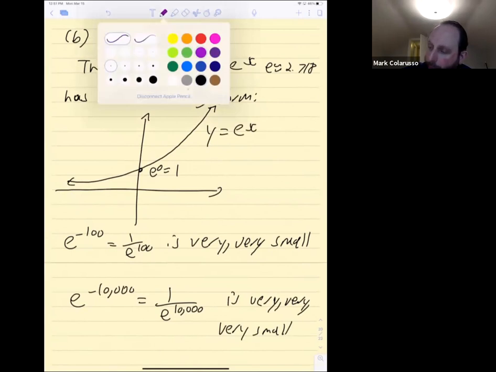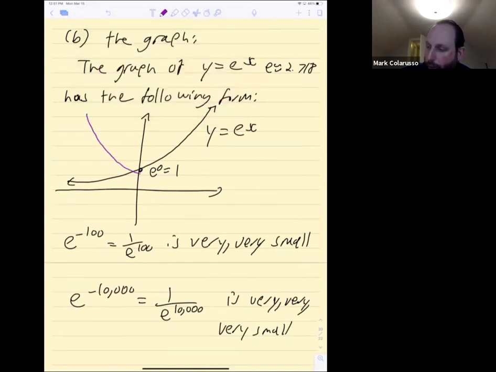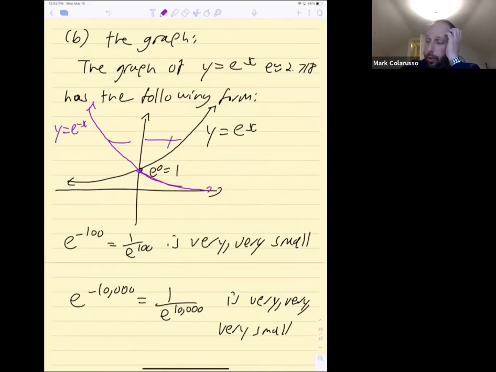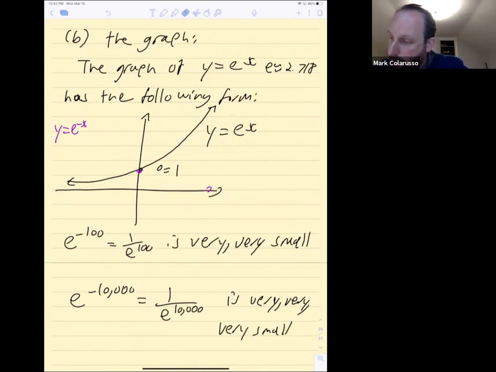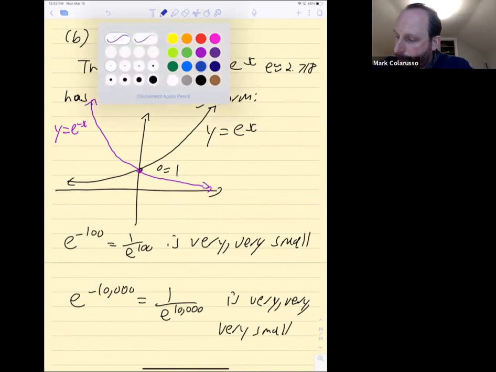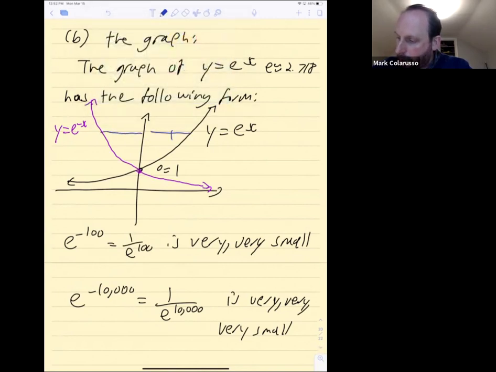The graph of y equals e to the minus x is the reflection of this graph. So this is supposed to be the same length. Didn't draw it great. Let me try it again. That ain't too bad. So this is supposed to be the same distance.